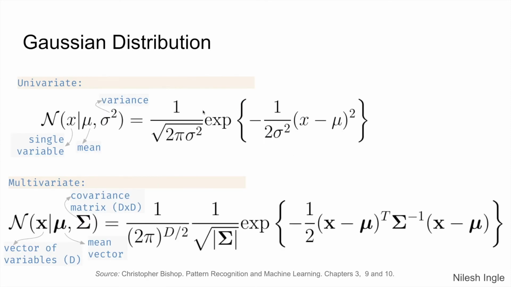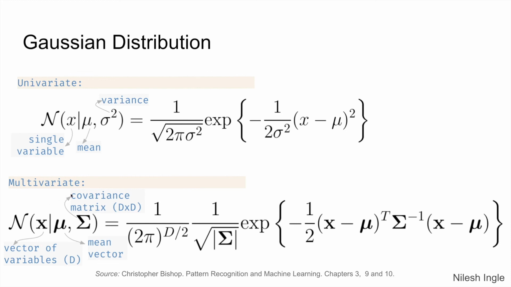So here is the mathematical notation for the Gaussian distribution. The top one is for the univariate case, by which I mean we have a single variable x. I have the mean for that. Sigma is the standard deviation, sigma square is variance, and this is the formula for that.